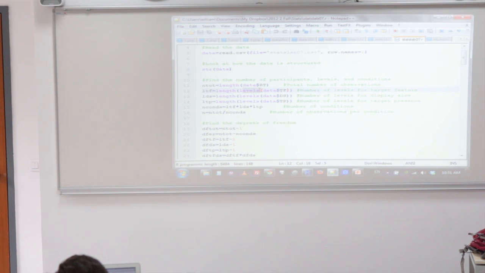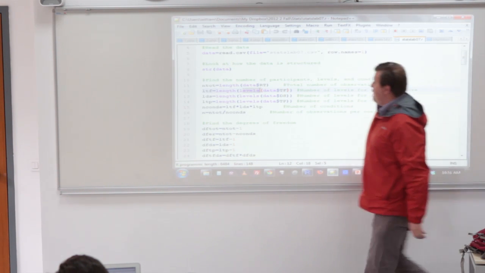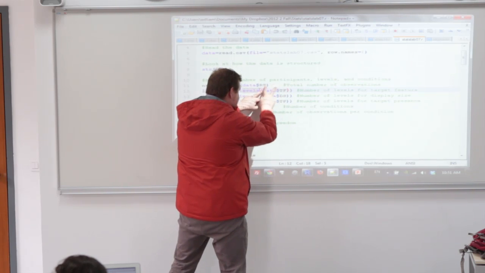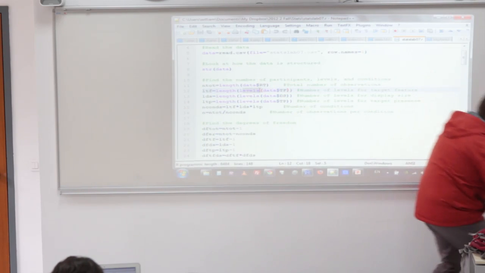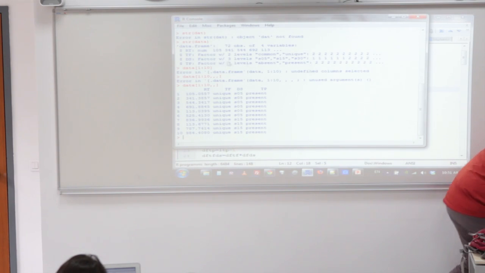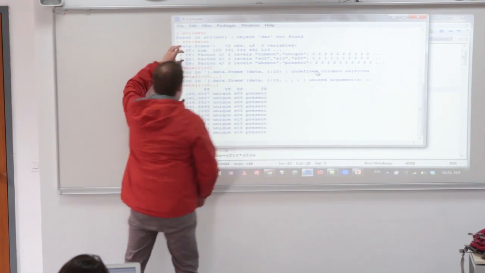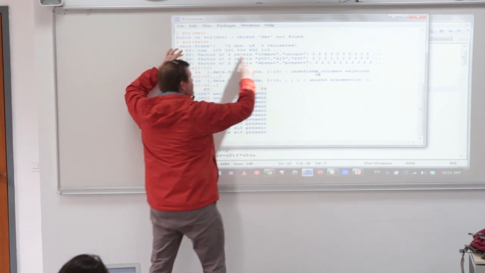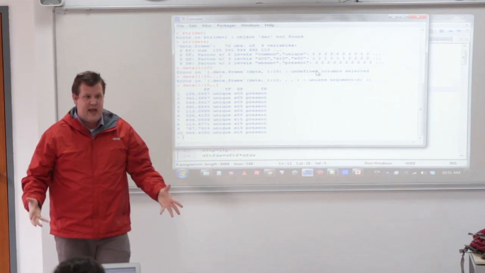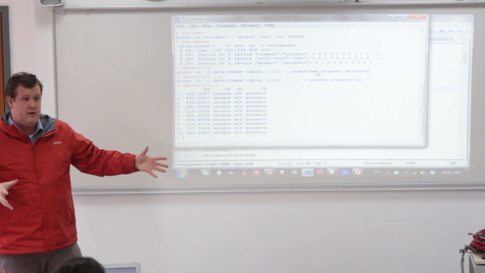Levels of data TF. What it does is it looks through the vector and finds how many different levels it has, and I just took the length of that.